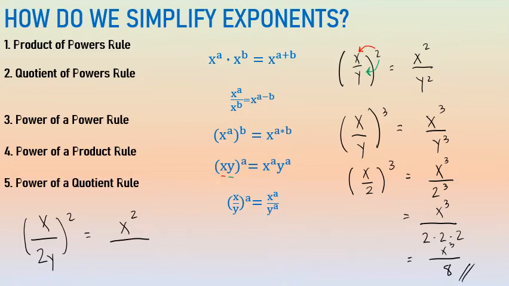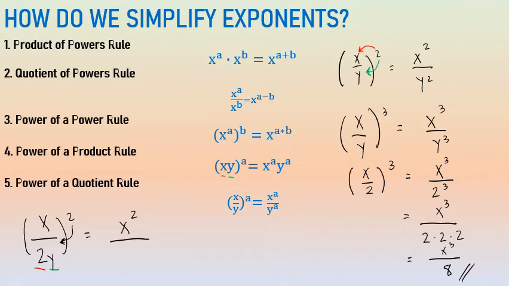We have 1 is 2 and another base which is y. So we have two different bases being raised to an exponent. Kasi di ba i-distribute din natin si 2 dito sa baba, sa denominator. So ano yun? That is power of a product rule. Two different bases being raised to an exponent.